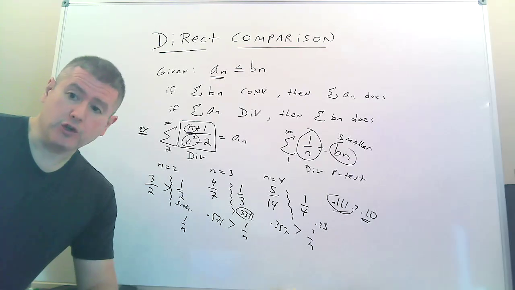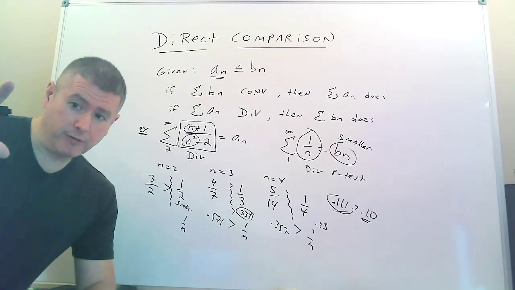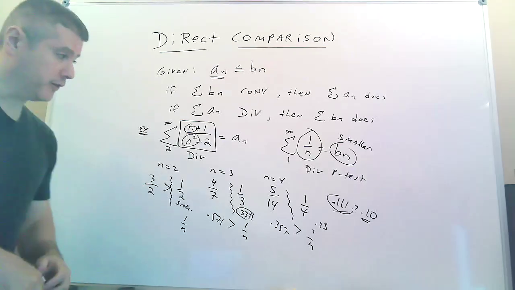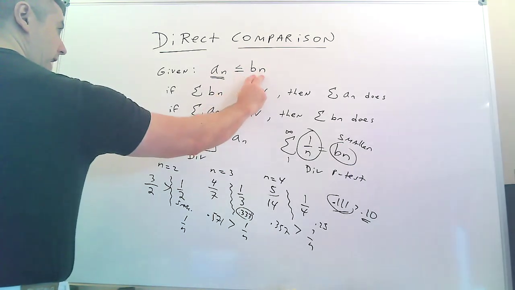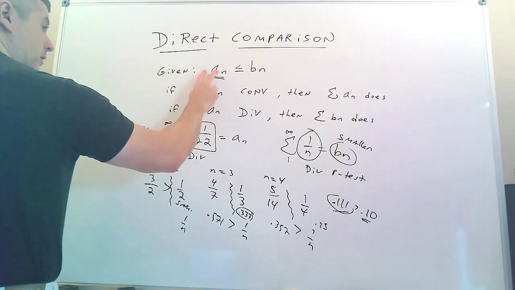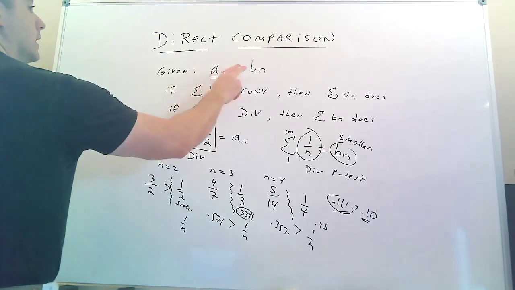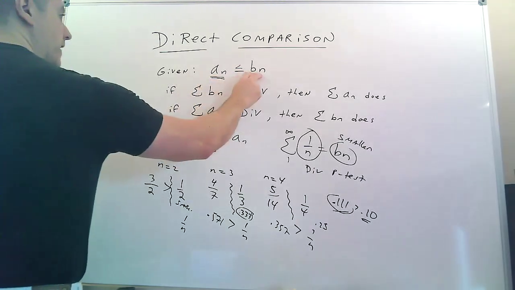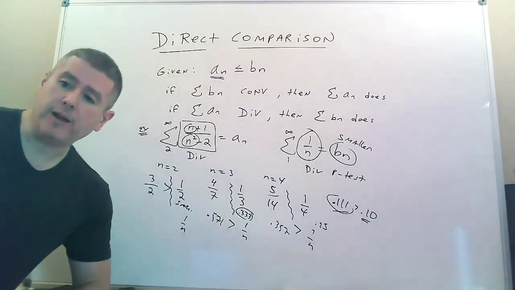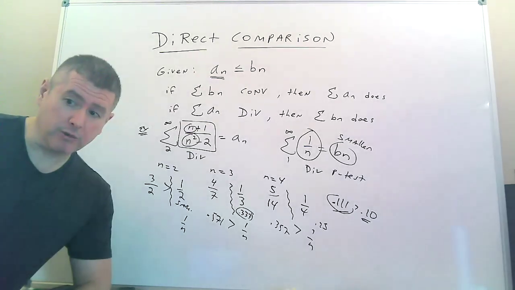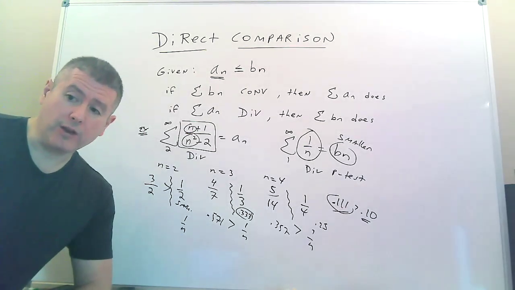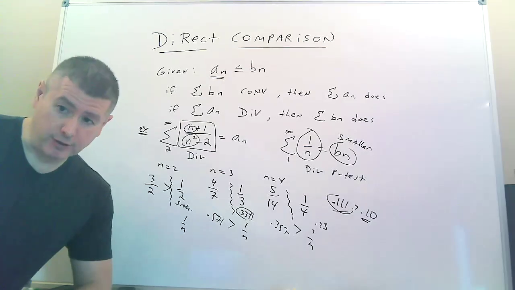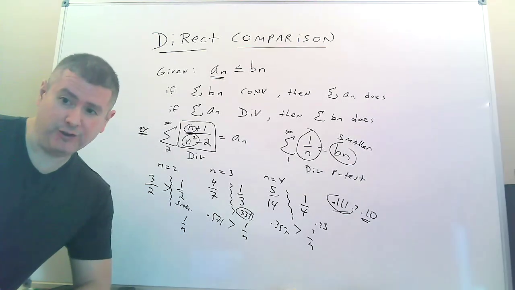If you're looking for converge, you need it to be bigger because you want the bigger one to converge to force the smaller one to converge. If this one adds up to a finite thing, then this one must. Or if you want this one to diverge so that that one diverges, right? So it depends what you need to do, but you can always plug a couple numbers in, or you can try to do the inequality thing, which is again impractical, complicated, confusing to do.